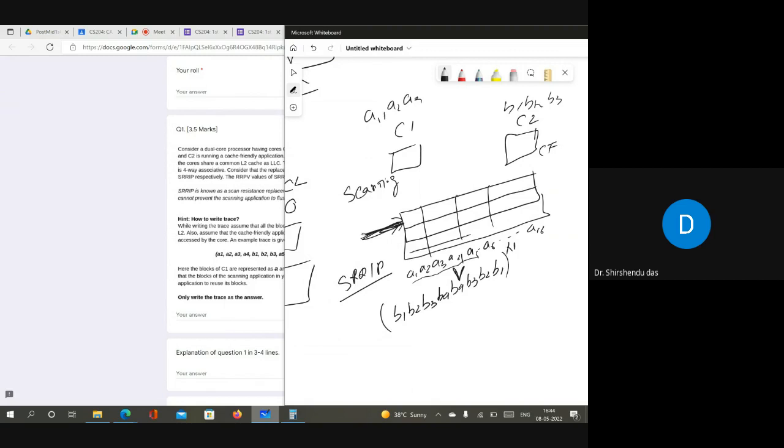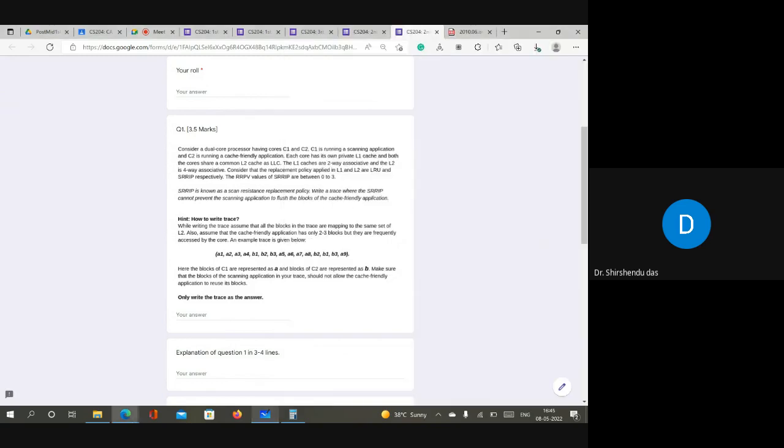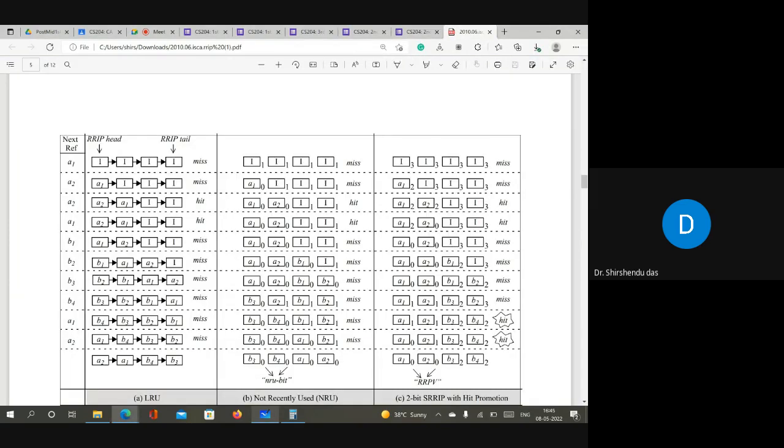As per the claim of SRRIP, if there is a scan application, then the scan application cannot completely remove everything from the cache. If we go to the paper, I think I explained this example in class. Here it is the opposite one: A is a cache friendly application here, and B is a scanning application.